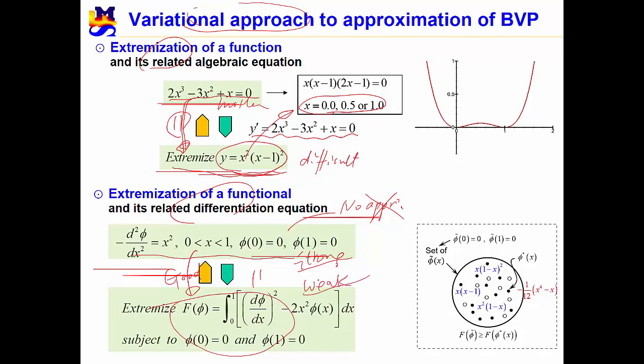That's the way it goes. However, this is a weaker form corresponding to the boundary value problem. Yes, it looks weaker because it involves less order of derivative than the strong form. So it gives us some good idea for approximation.